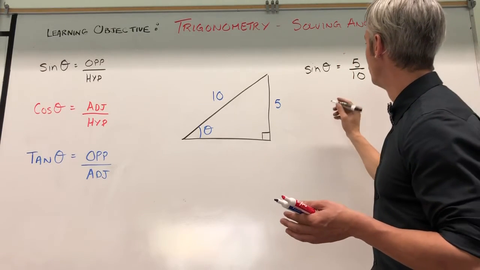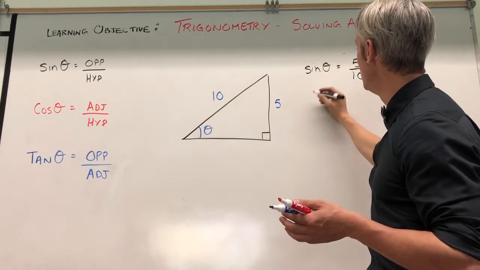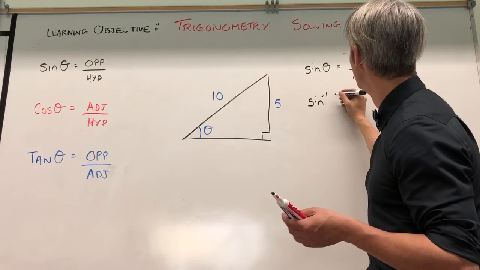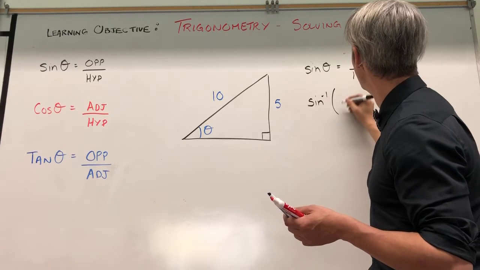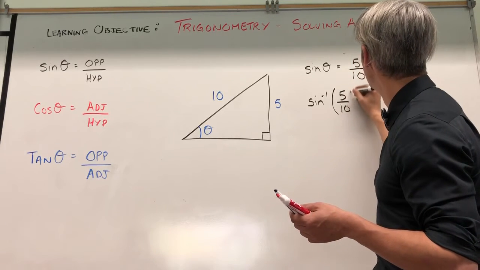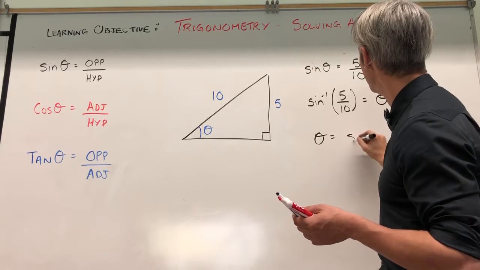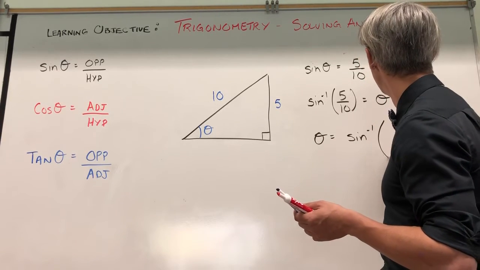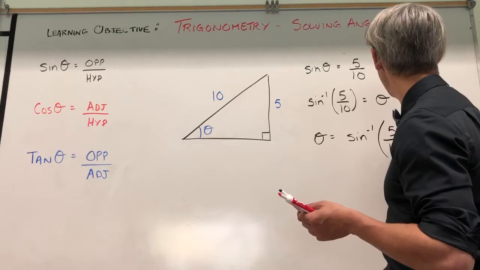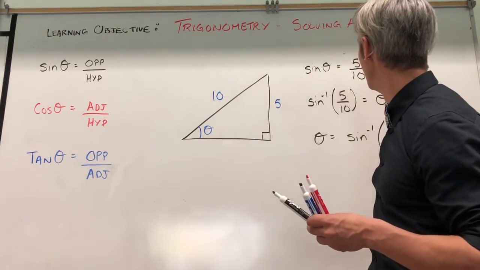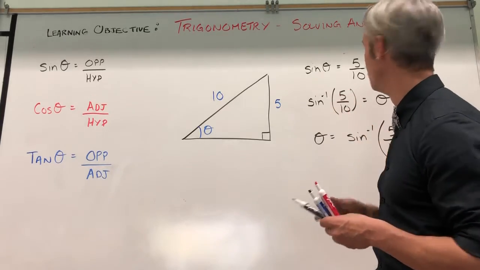And now, in order to calculate the actual angle, I have to do the inverse. So sine inverse of 5 over 10 is equal to theta. Full disclosure, off the top of my head, I don't know how we go from there to here, but that's just what you put into your calculator.